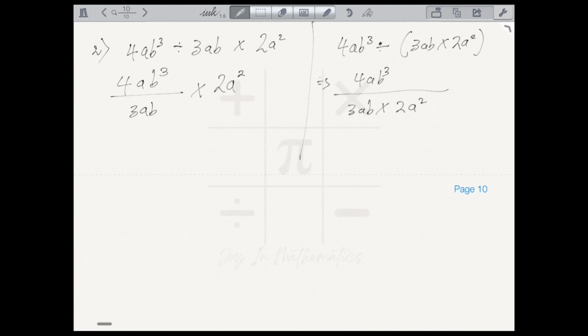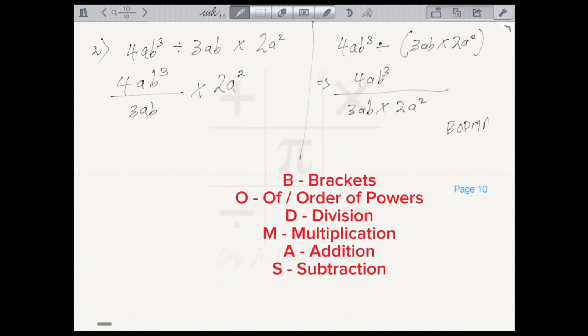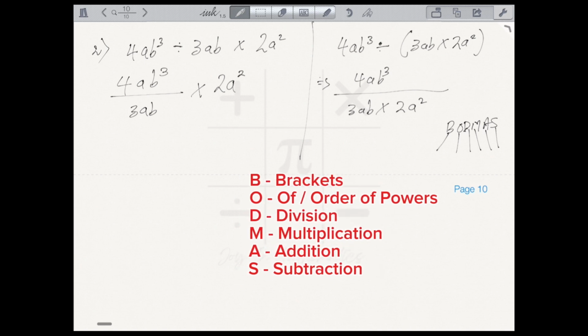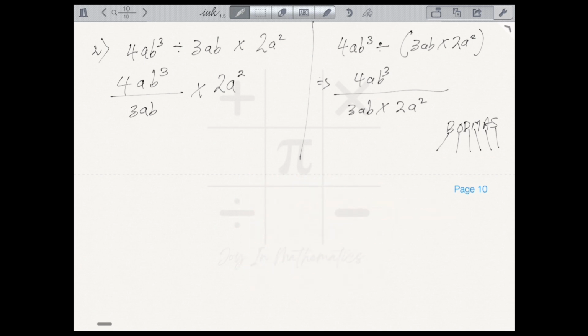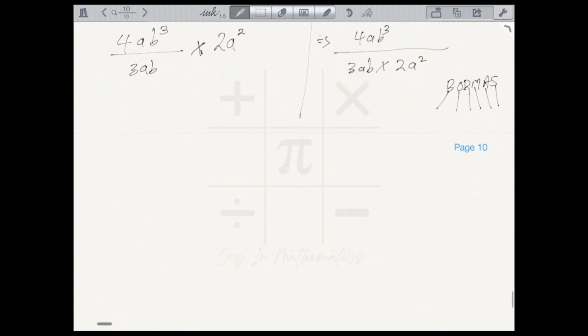Now, because we are applying the principle of BODMAS, brackets, order, division, multiplication, addition, and subtraction, we deal with the one that is in the brackets first, and we consider it as an entity. But here there is no bracket of sorts, so we consider them as separate entities.